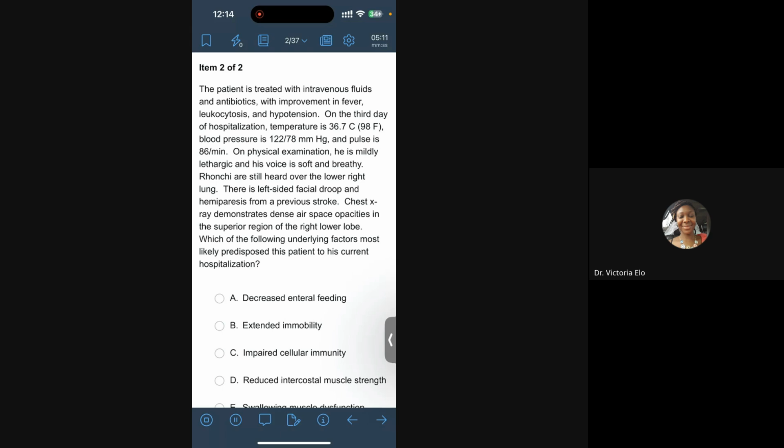The patient is treated with intravenous fluid and antibiotics.